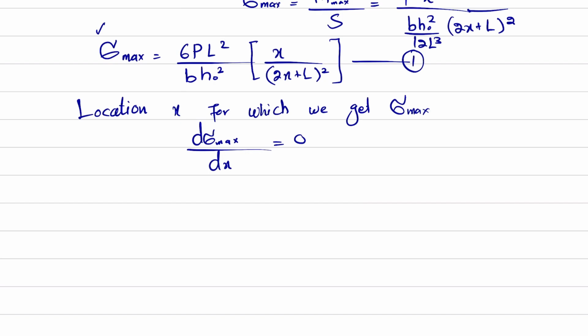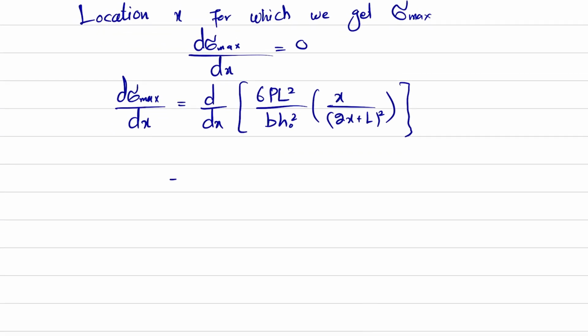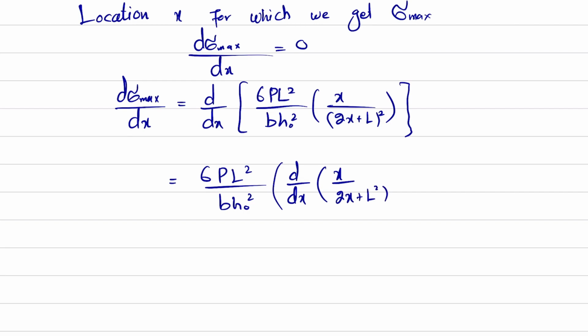By taking d sigma max over dx, we will take the derivative d over dx of 6PL square over bh naught square into x over (2x plus L) whole square. 6PL square over bh naught square is common, so it will be d over dx into x over (2x plus L) whole square.